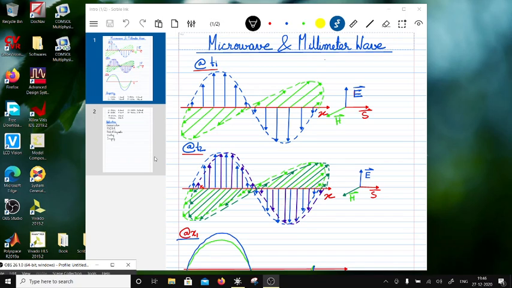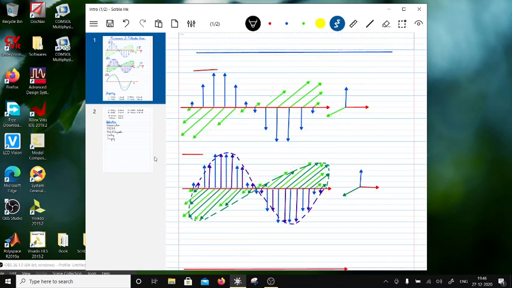So to start with, all of them are some form of electromagnetic wave, right? So what do you mean by electromagnetic waves? The propagation in a charge free medium takes place as time varying electric and magnetic fields.